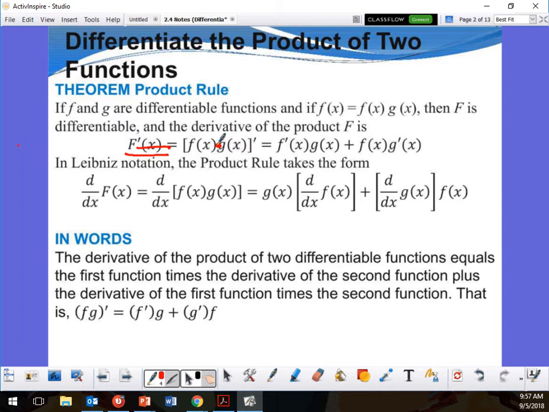If I'm taking a derivative of two parts and multiplying them together, I do f prime g, so that means the derivative of f times g plus the derivative of g times f. It's slightly different than what you might see in the book, but I changed this order because it's the same as the quotient. It's always f prime g and then g prime f.